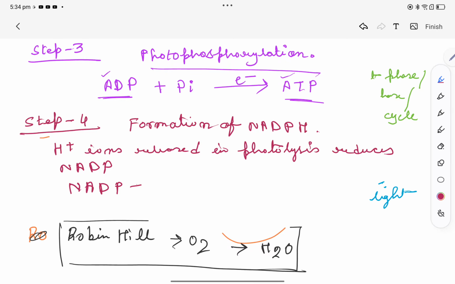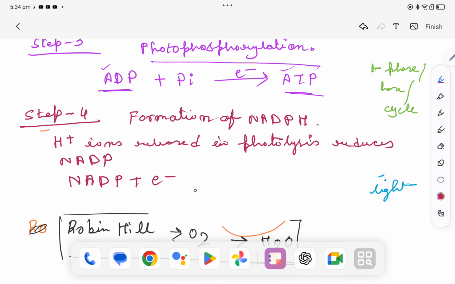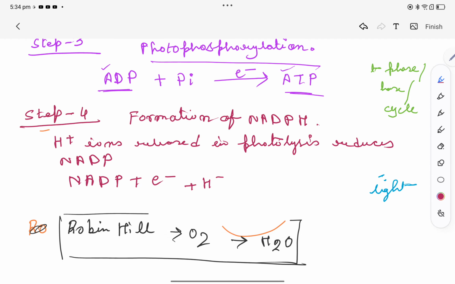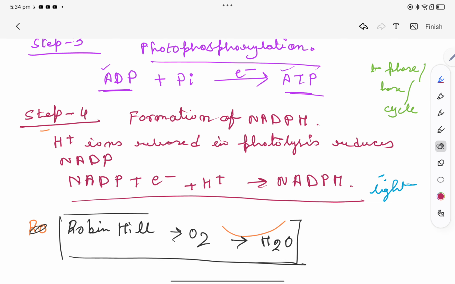NADP is reduced into NADPH. So this is what we get after the light phase.